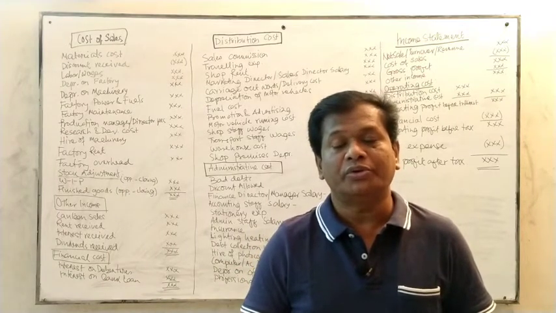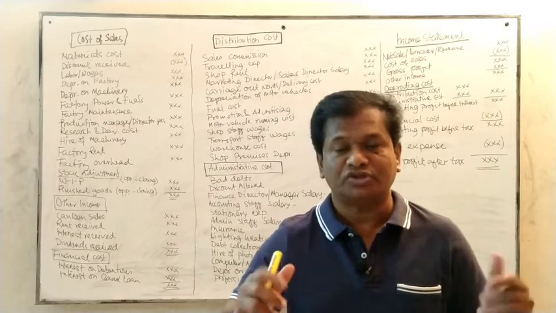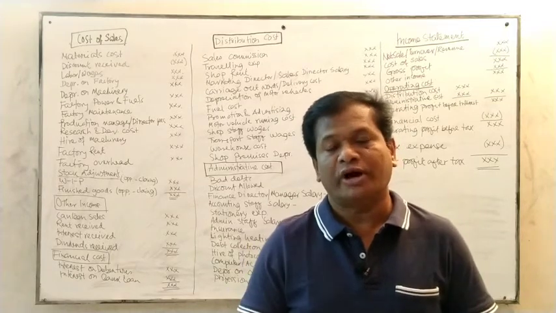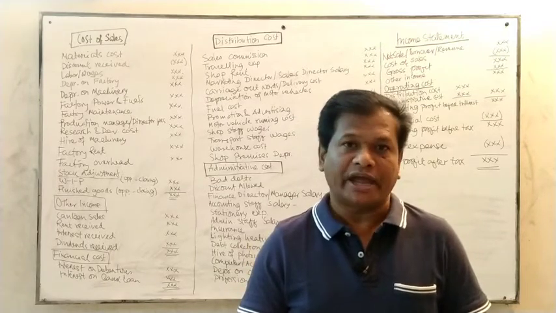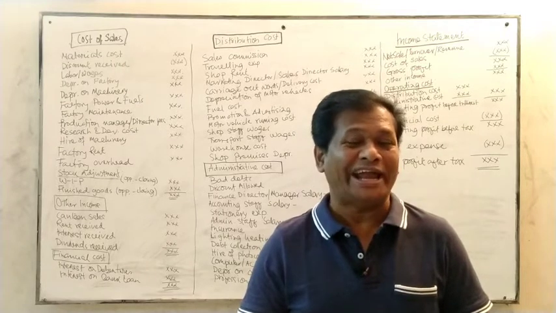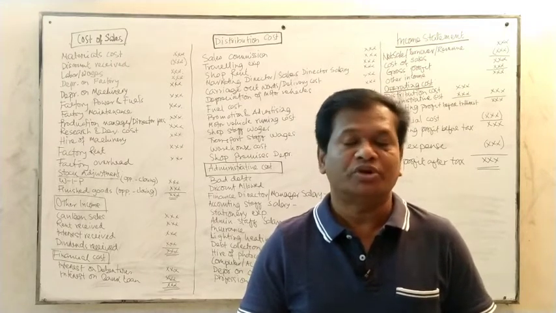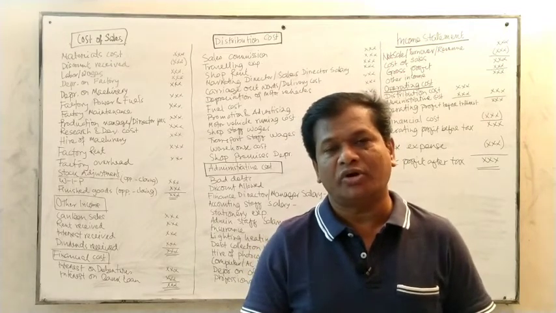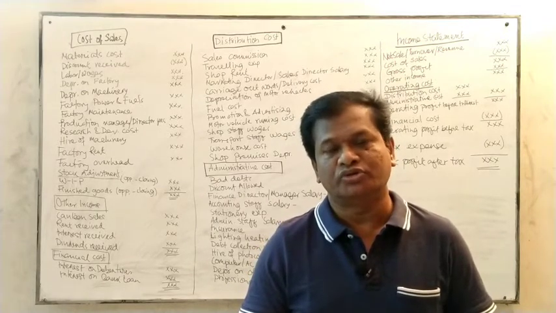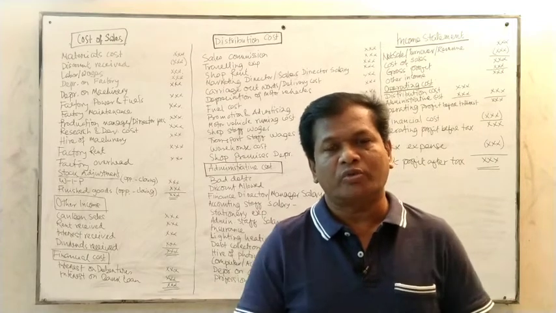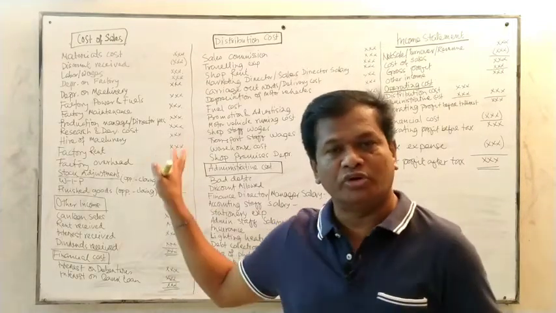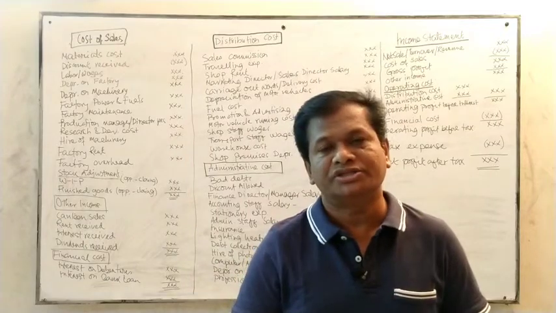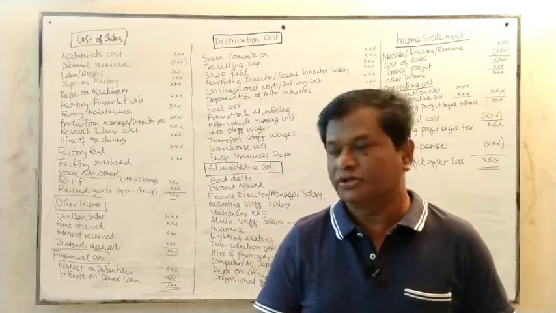So whenever you are going to do the income statement, first of all, these 5 or 6 additional computations or additional workings have to be completed first. First of all, what is the content of cost of goods sold? The content of cost of goods sold is highlighted on the board, you have to check it and follow it.